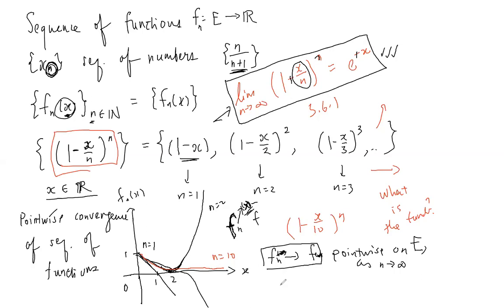Okay. So it is said to converge pointwise if and only if the limit exists. So this must exist for each x in E; you must show that it exists.